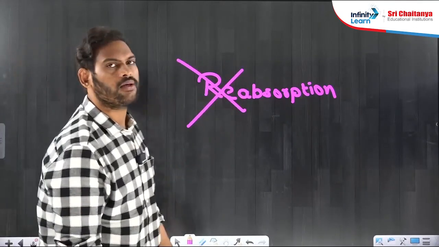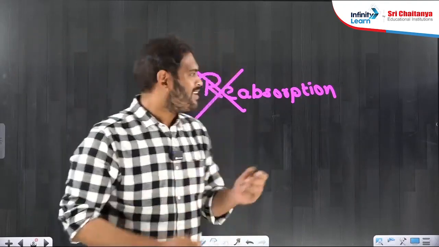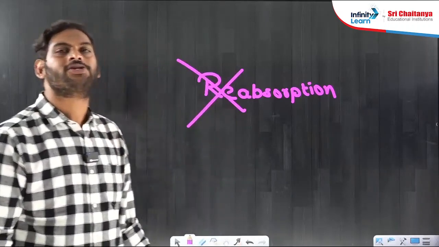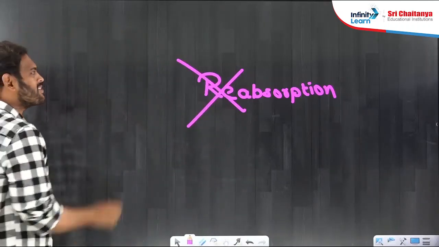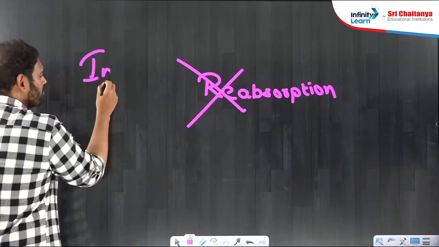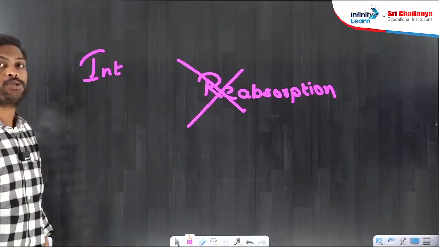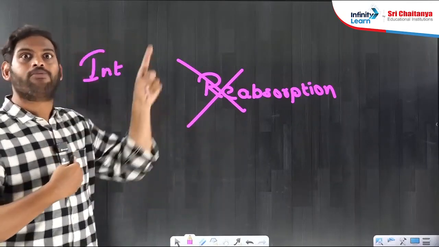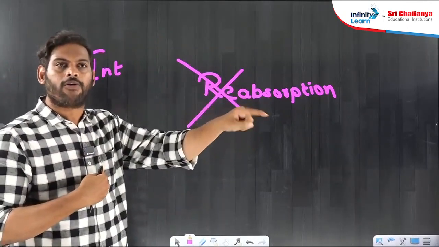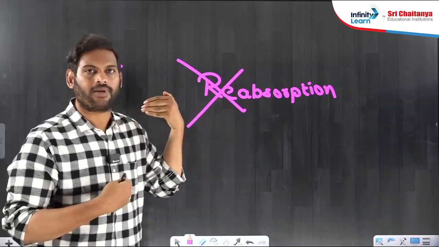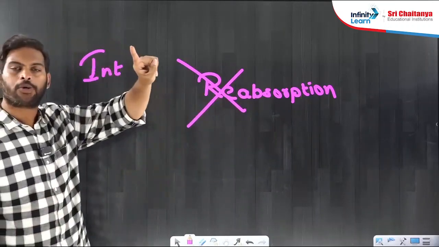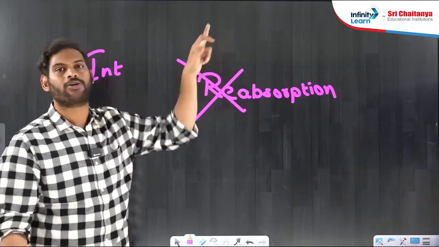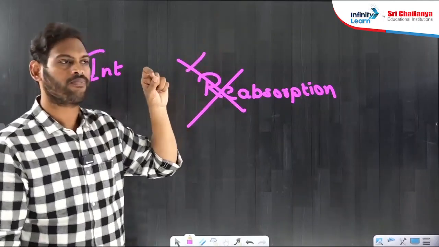Think about it. Why not absorption? Because the first time, absorption took place in the intestine. Food. You absorbed food through the intestine into the body. Now you're again absorbing useful molecules back into the body. First time absorption in intestine, this is the second time, right? Therefore, it is referred to as reabsorption. Always remember this logic.